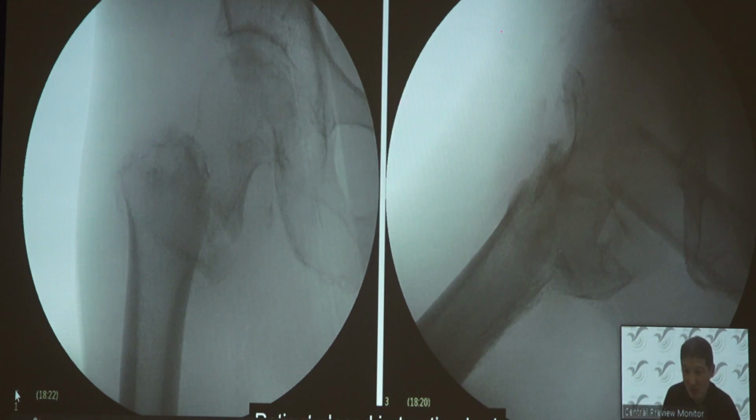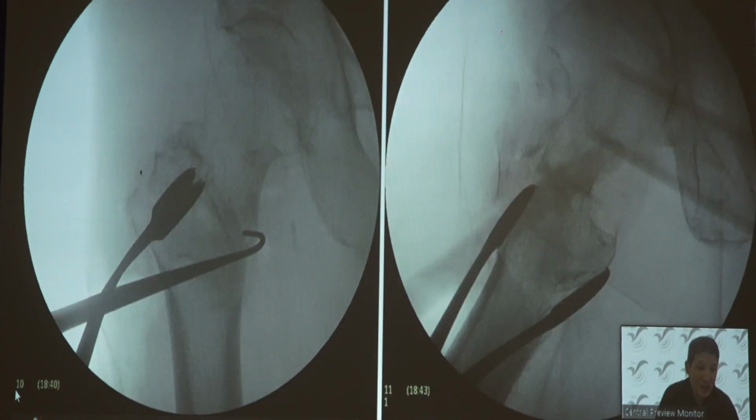You can see your greater trochanter is still off and your neck is inverted in a different direction, so your anterior line hasn't been lined up with the anterior line of the distal fragment. In this pattern, you need to get a better reduction than this. So I do not hesitate to open up the lateral side where I shoot my blades, and then try to grab the posterior wall fragment and bring it anteriorly.